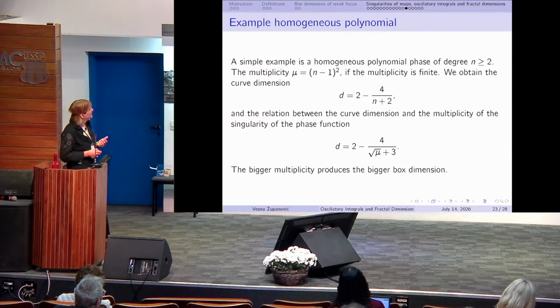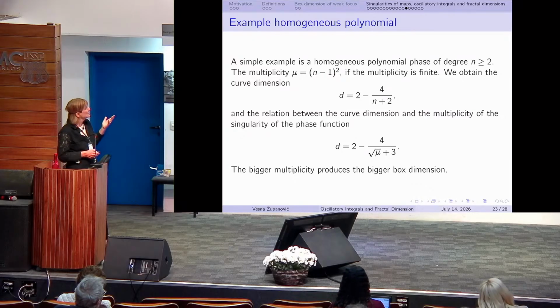But here, if we have a homogeneous polynomial with degree n, from the Newton diagram and from our theorems, it is possible to see this. With big N, it goes to 2. And also there is a relation with the multiplicity of that map.